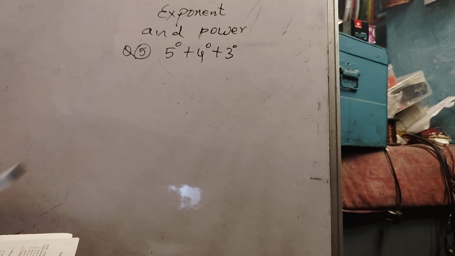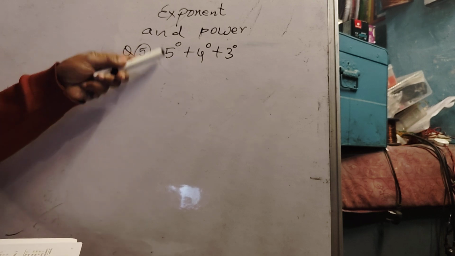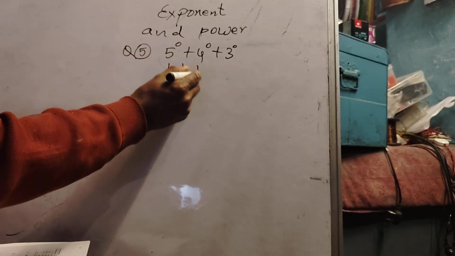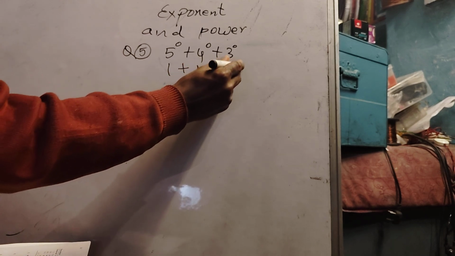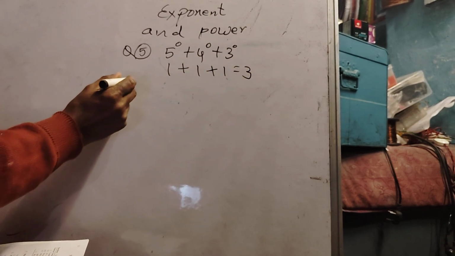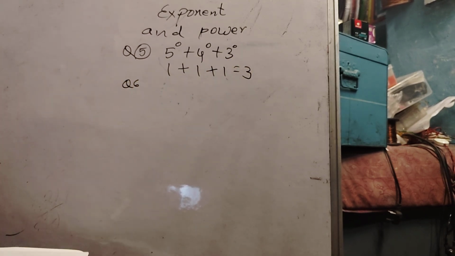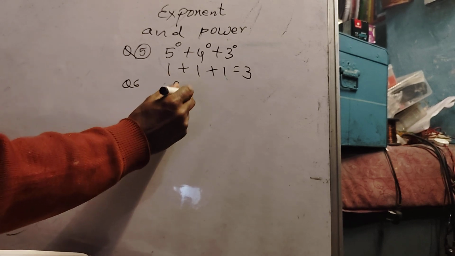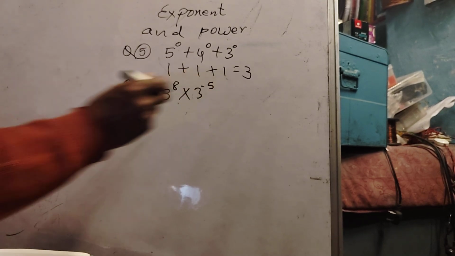Any number whose power is 0 is, I mean, 1. So it is 1 plus 1 plus 1 equals 3. Yes, its answer is 3. Next is 3 power 8 times 3 power minus 5.